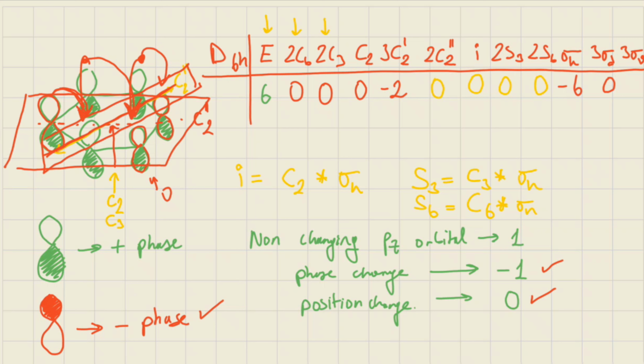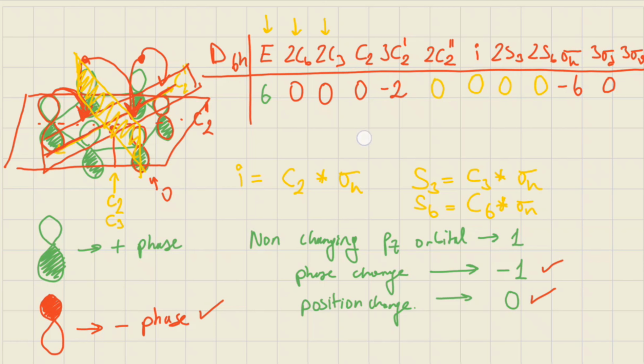And sigma v, so sigma v here will contain, I will draw with yellow, one of the pz orbitals.